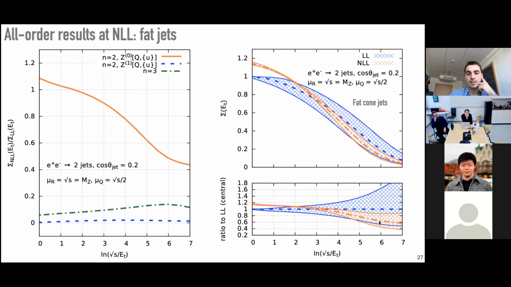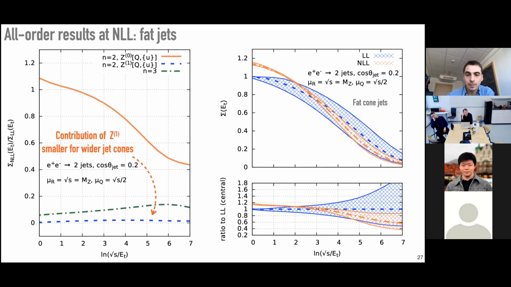The qualitative statement about the size of next-to-leading log corrections, as well as the reduction of the uncertainty bands, is about the same. In this case, if we look at the breakdown, the impact of the Z1 correction is even smaller, justifying even further the perturbative solution to the evolution equation that we devised.